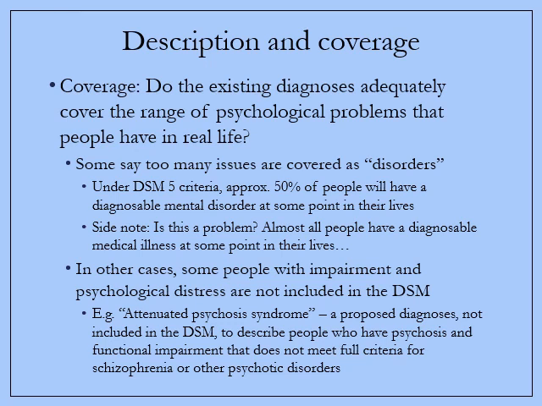We know that there are people in the world who have psychosis and have functional impairment, but they don't meet full criteria for schizophrenia or any other psychotic disorders. And because these people don't get a diagnosis, they are also not able to get treatment. And this can often turn into full-blown schizophrenia.